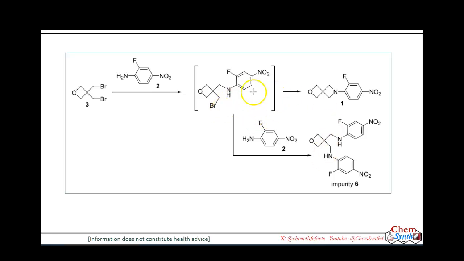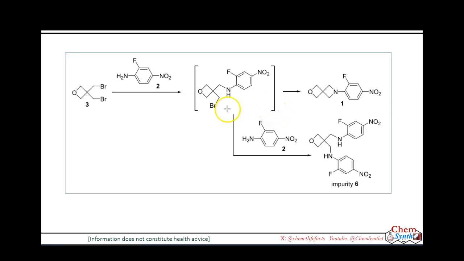So the reaction goes through this intermediate formation, displacement of this bromide from this bis bromomethyl oxetane. Intramolecular nucleophilic displacement reaction should lead to the formation of compound 1.